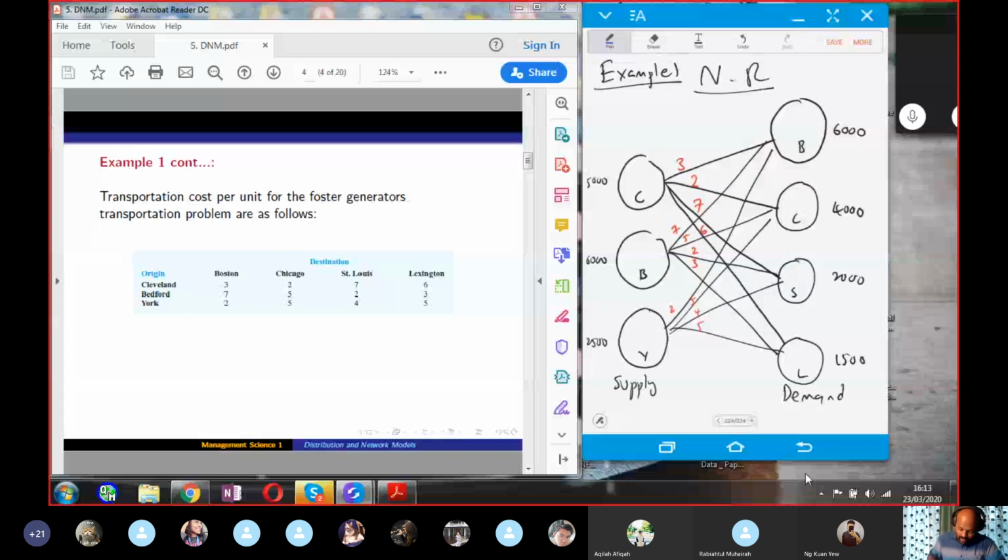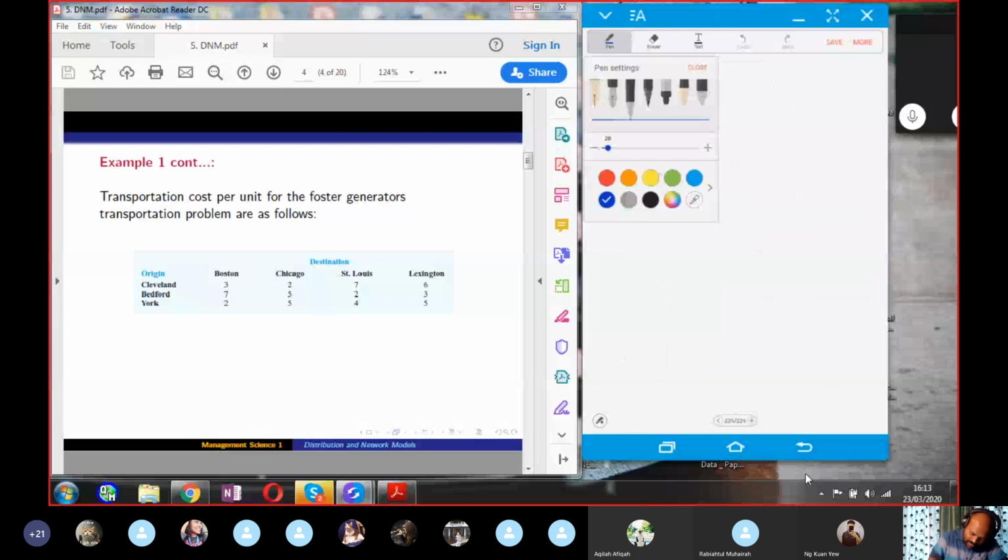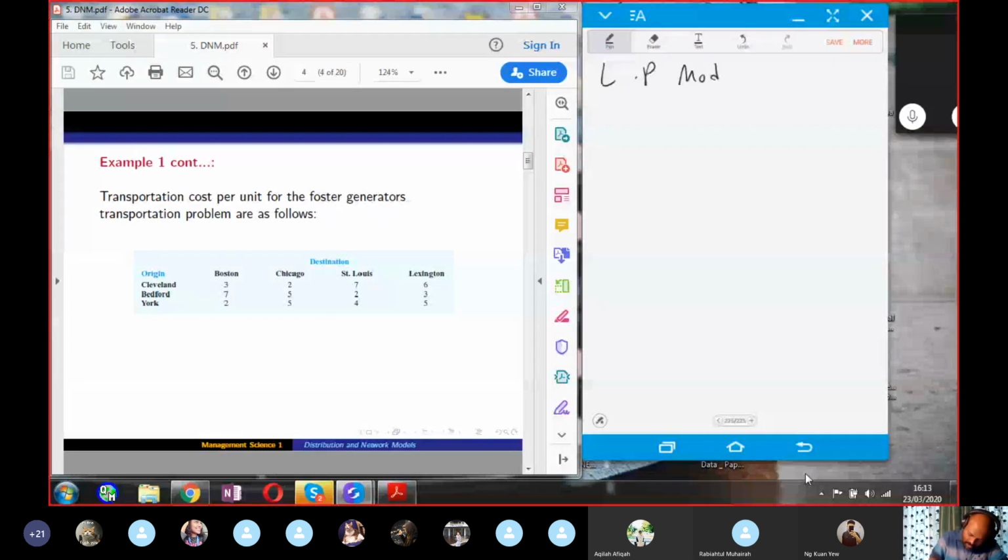Now after network representation, our next aim is the linear programming model. How are we going to come up with a linear programming model from the transportation problem? Do you guys still remember the linear programming from maths?